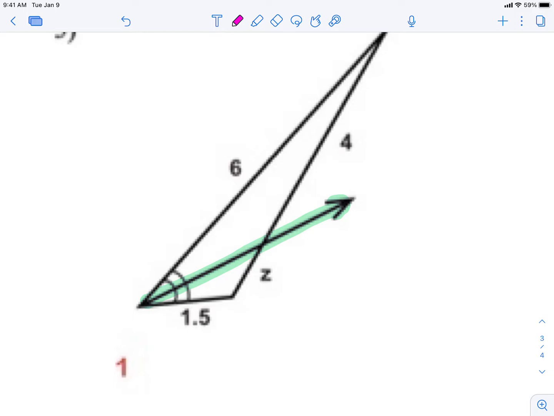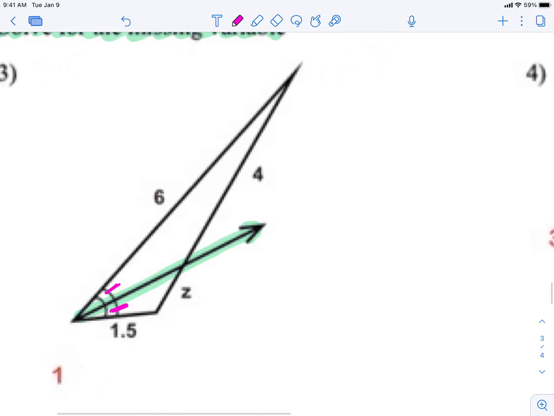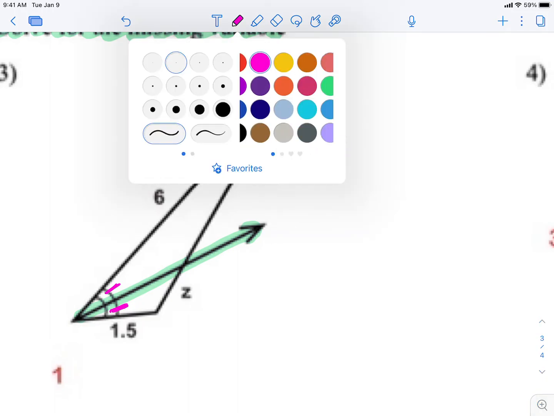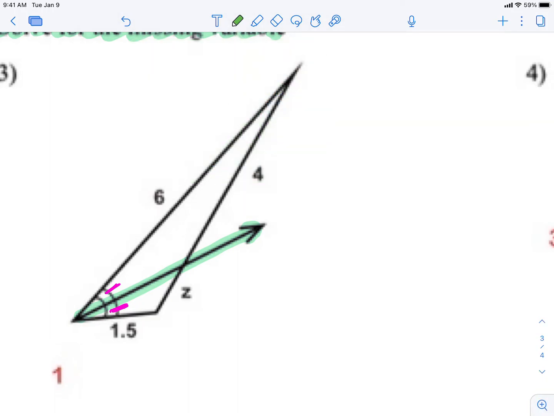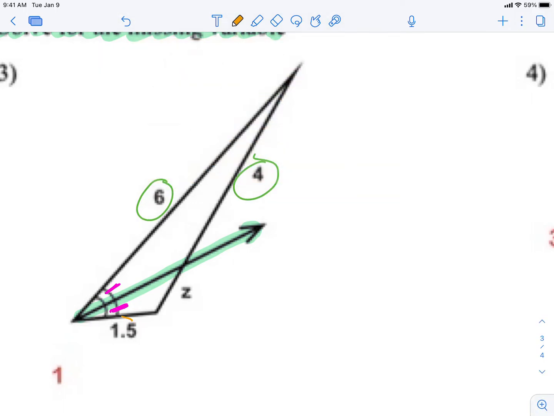And it creates that angle and that angle are the same. But it also creates a special relationship between the sides of the triangle. And remember, the special relationships go like this. 6 has a special relationship with 4, and 1.5 has a special relationship with z.